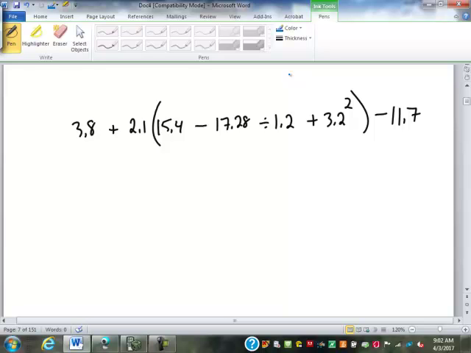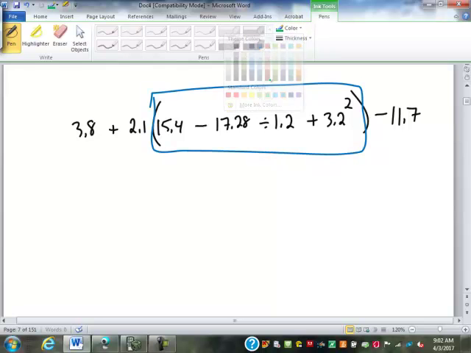On a problem like this, what would we have to do first? Well, it's just order of operations. First level of order of operations is enclosing symbols, right? So we see parentheses. So we're going to start in the parentheses.